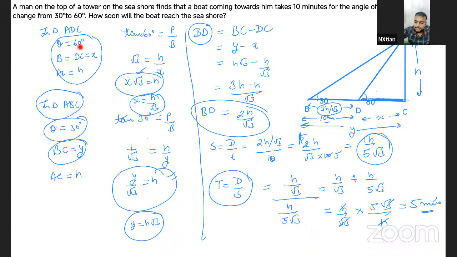The DC I'm taking as X, and AC is H. So tan 60 degrees equals P by B. The tan 60 degree value is root 3, and P is H, and B is X. So the value of X, which is the DC distance, is H by root 3.